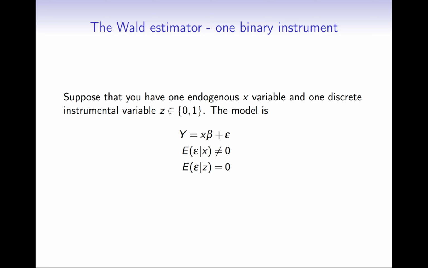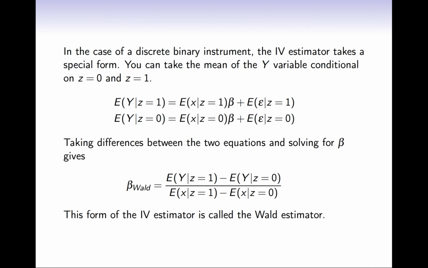Suppose we have one endogenous X variable and one discrete instrumental variable. This is our model. We have endogeneity, but we have a valid instrument, Z. Here I called it Z for some reason, not W.